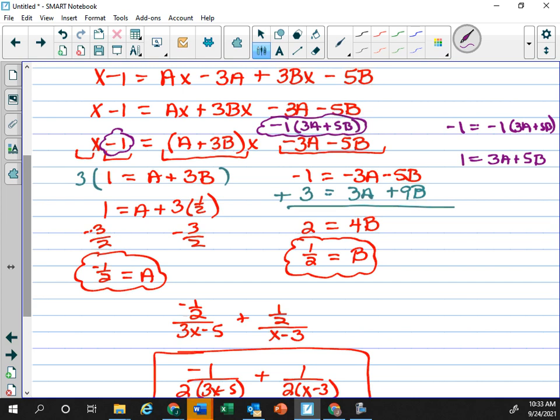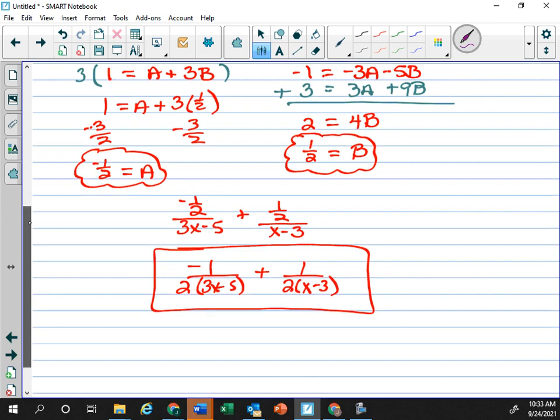But it's going to be the same thing in the end. For this first one, we did it over here because that a plus 3b together, that number, is the coefficient on x. Okay? All right. Other questions?